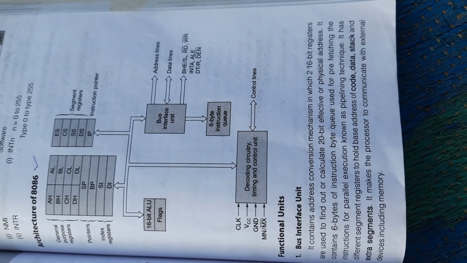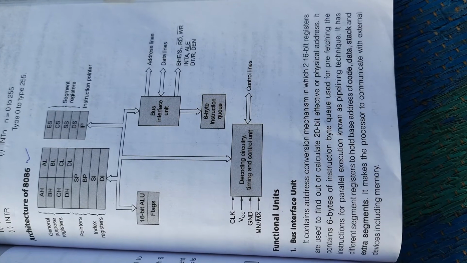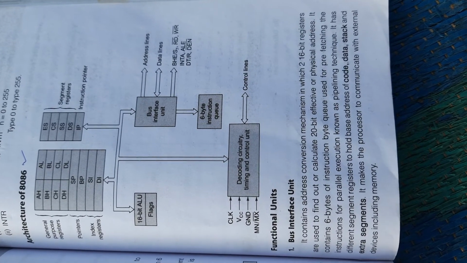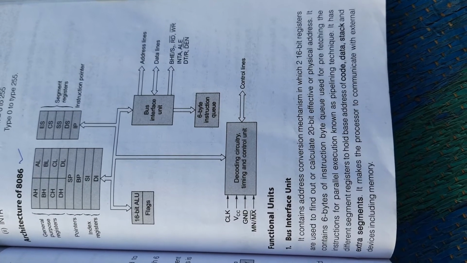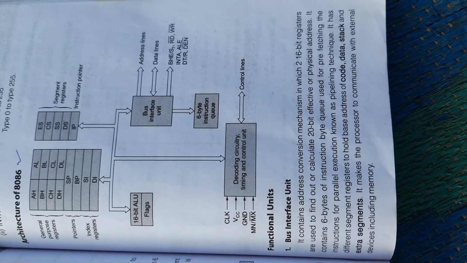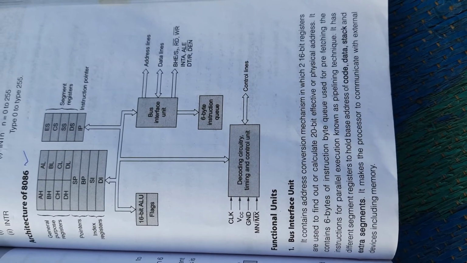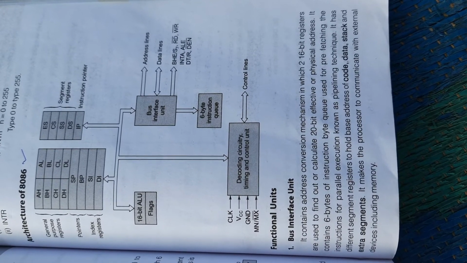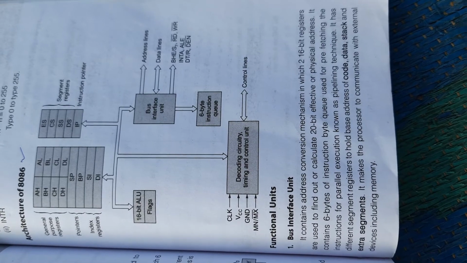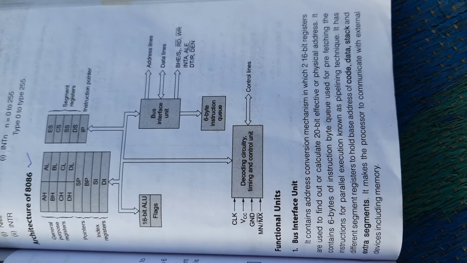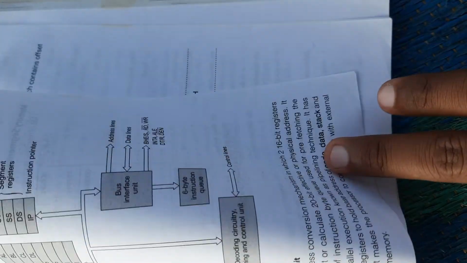It contains a 6-byte instruction queue used for prefetching the instructions for parallel execution, known as the pipelining technique. It has different segment registers to hold the base address of code, data, stack, and extra segments. It makes the processor communicate with external devices including memory.